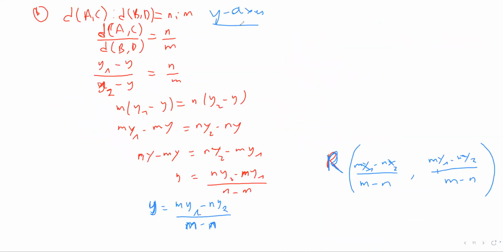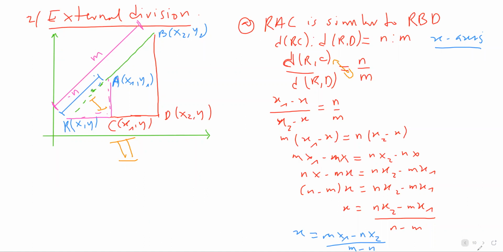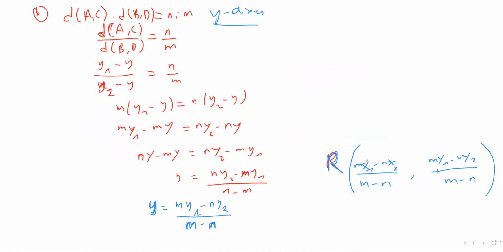And on the y-axis, you also find the same trick. The distance AC is in a ratio, it's a proportion of the distance BD, and this is (y1 minus y) over (y2 minus y) equal to n over m.